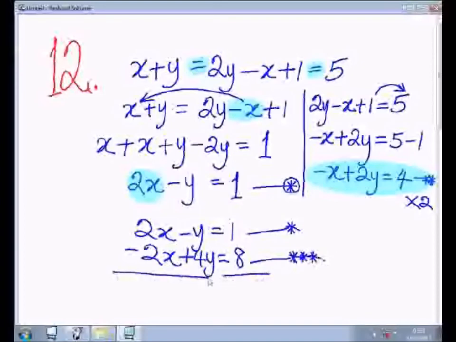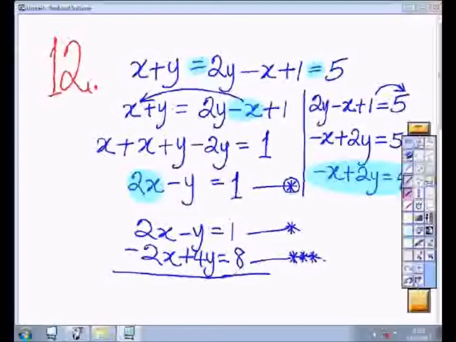Now we add this together. We are going to add because this variable x that we wish to eliminate here, they have opposite signs.